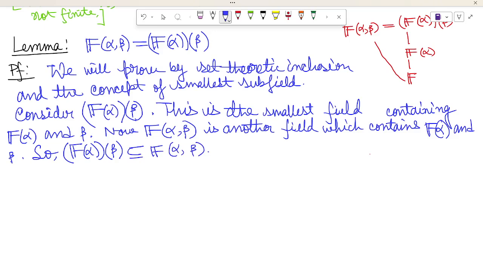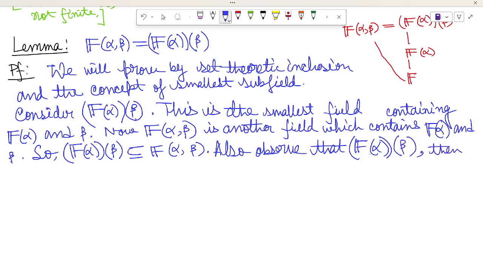Okay. Again, we will use this condition. Also, observe that F alpha over this field, if we take beta, contains F beta. And what is F?